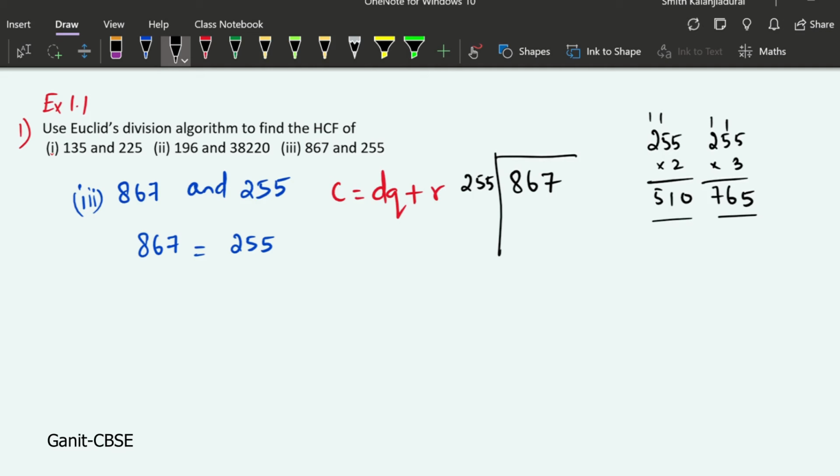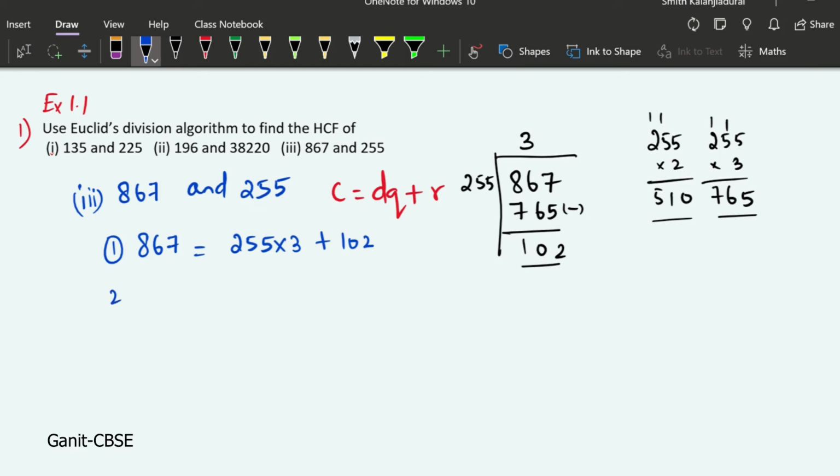So we can go with 765. If you subtract, you will get the remainder 102. The quotient is 3 and the remainder is 102.